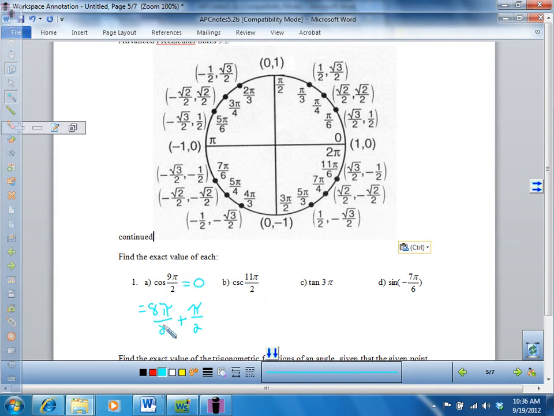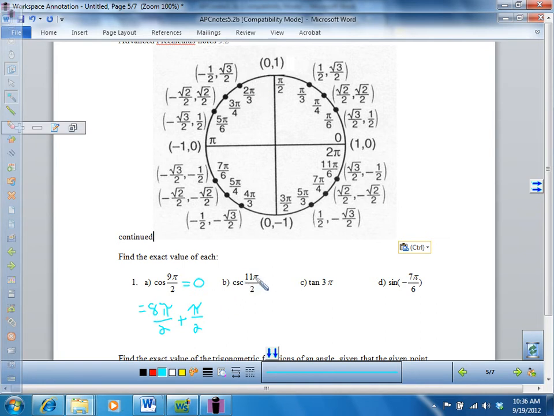So what I did is I broke this up into 8 pi over 2 and 1 more pi over 2, which is 9 pi over 2, which puts you here where the coordinates are 0, 1. So the x coordinate at that point, which is what you're looking for when you're looking for a cosine, is 0. Cosine is x, sine is y.